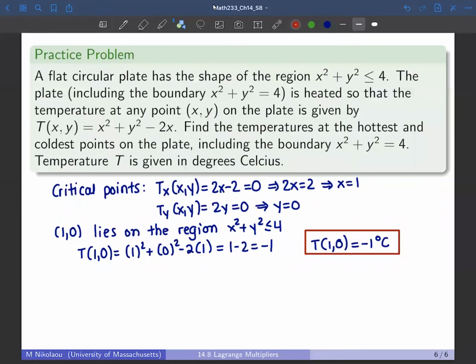Now that we found the critical point of the temperature function, let's see what we can do by using the Lagrange multipliers.